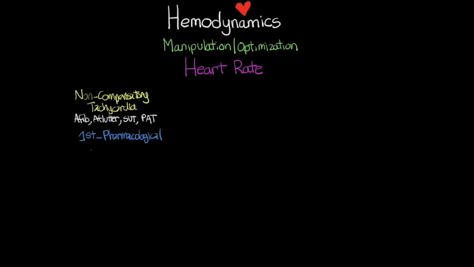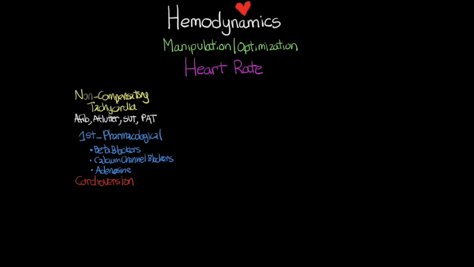And so this is going to include our beta blockers, our calcium channel blockers, and everybody's favorite, adenosine. And so if any of these first-line pharmacological treatments are ineffective or your patient is unstable, then we're going to move into cardioversion.